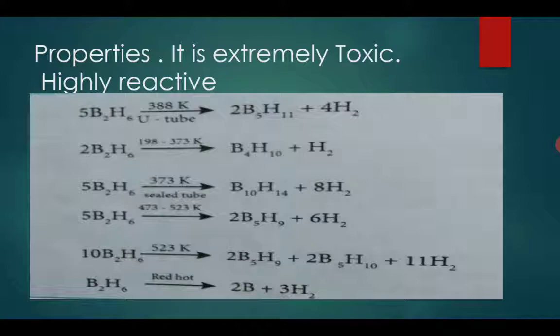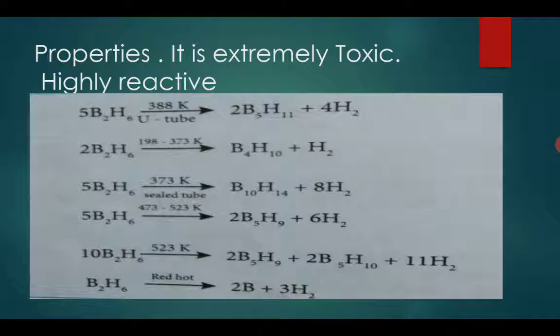and at the same 373 Kelvin in the third equation, when it is taken in a sealed tube, when the tube is completely closed, you are getting a different product, that is B10H14 plus 8 hydrogen. In the fourth equation, when the temperature is raised to 523 Kelvin, diborane gives another borane, B5H9 plus 6 hydrogen.